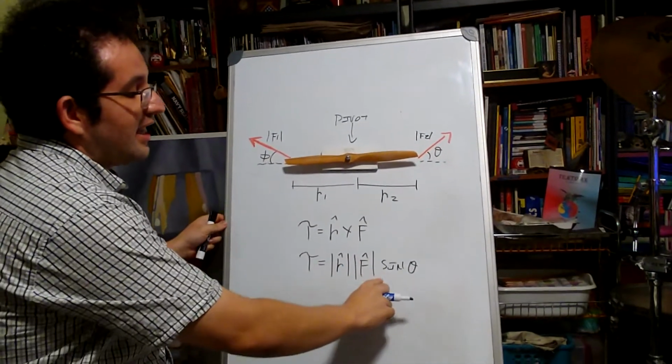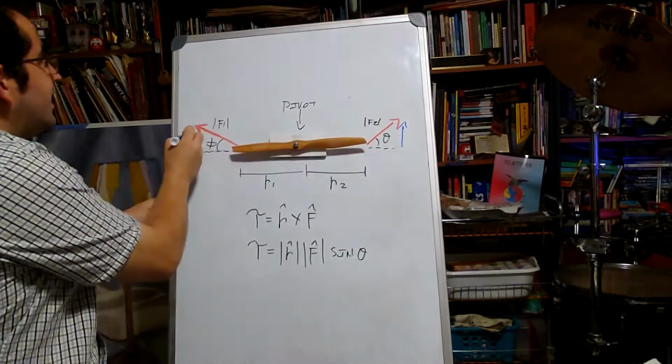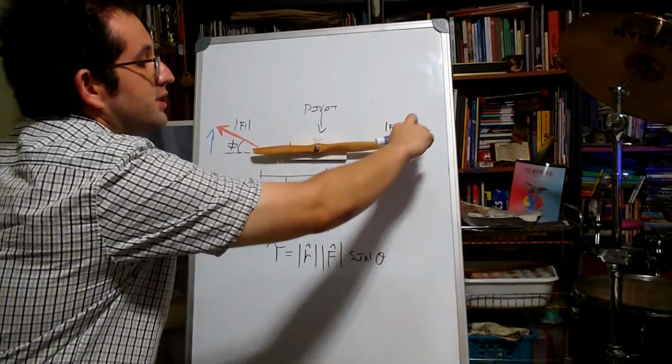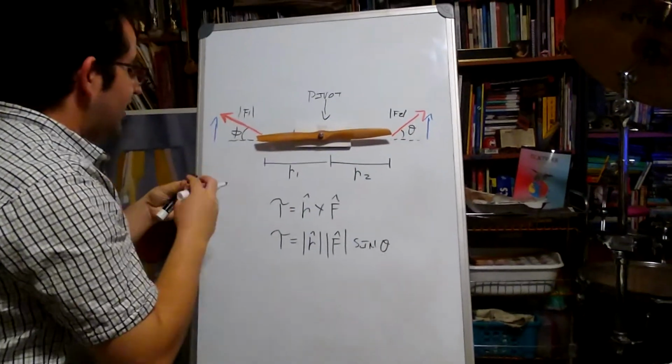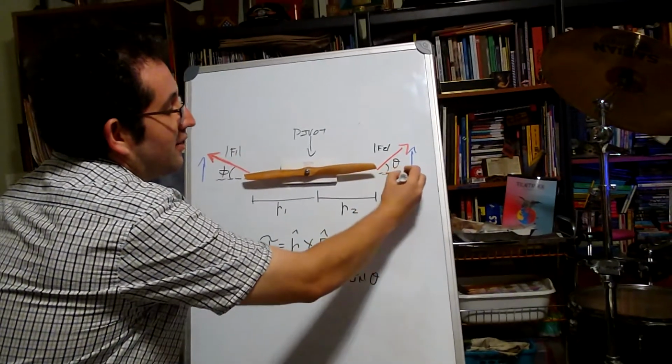So we see that there is sine of theta. This is the opposite. We're taking into account the perpendicular components of the forces because the horizontal components don't matter.